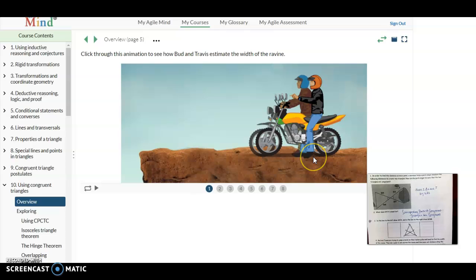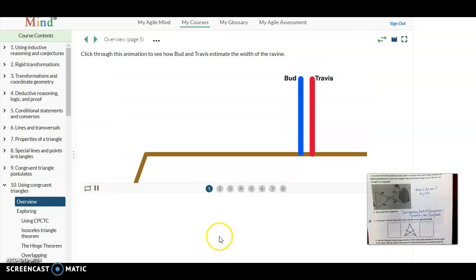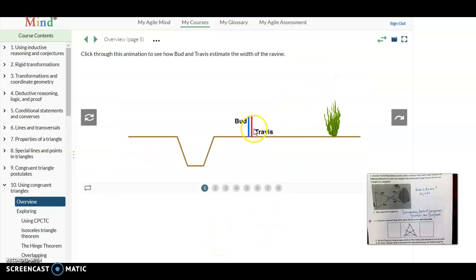So this is, of course, another situation where we need to indirectly make a measurement. They're obviously not going to be able to measure the distance across the ravine directly. So here are Bud and Travis, and they become symbolically these little blue and red sticks that we see here. So here is Bud.